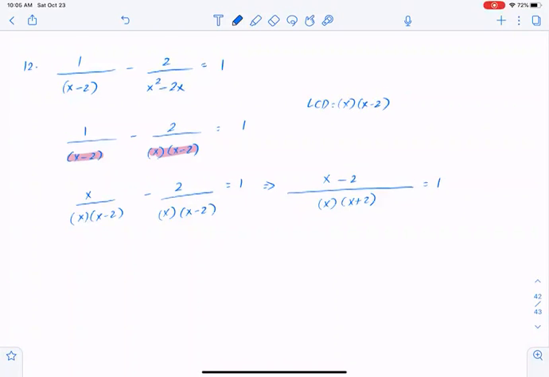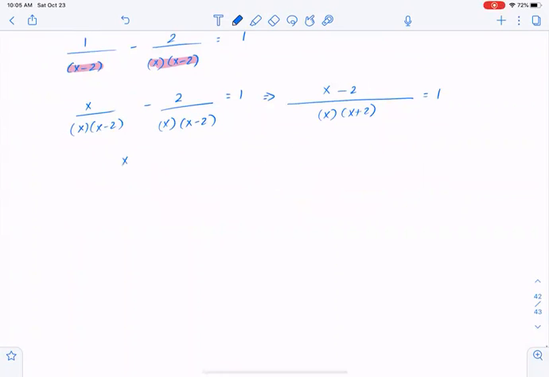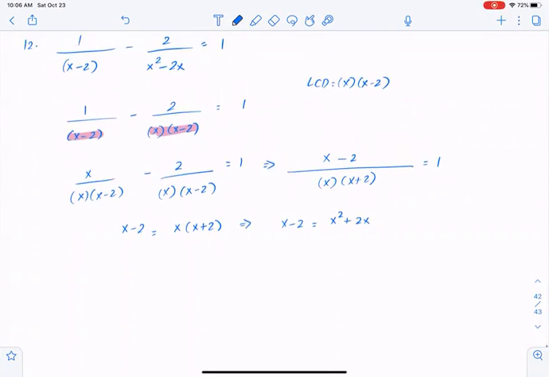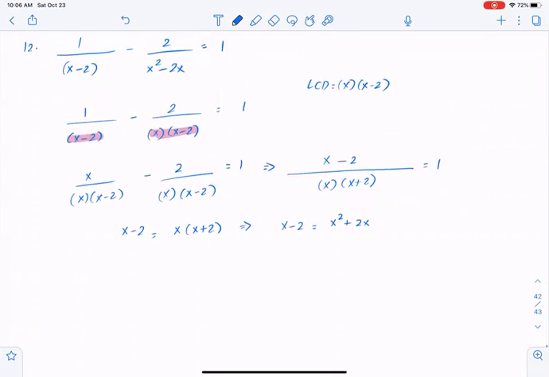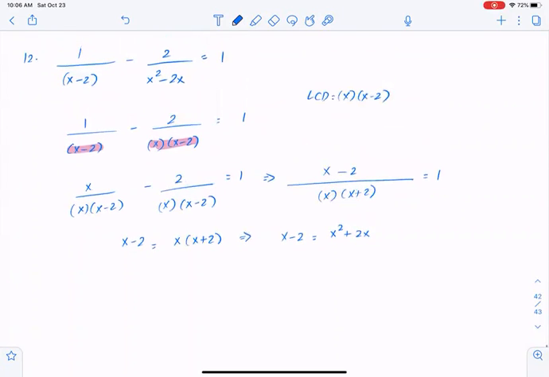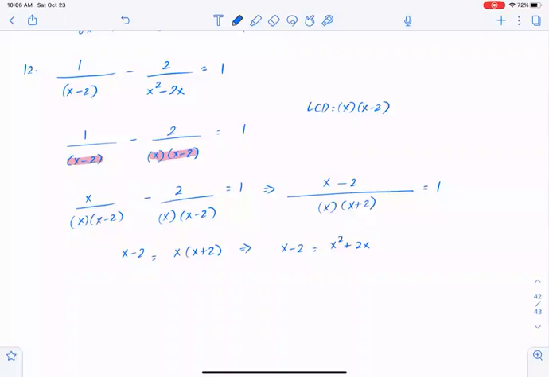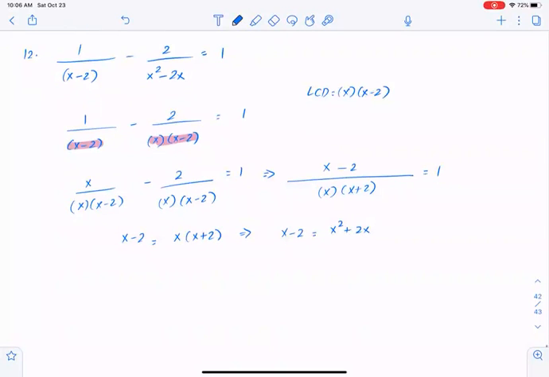Now we just have to solve. So x minus 2 would be equal to 1 times x plus 2. X minus 2 would equal x squared plus 2x. Sorry, that has to be a minus.